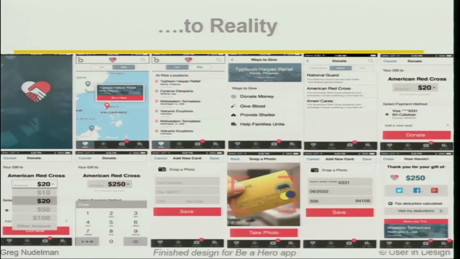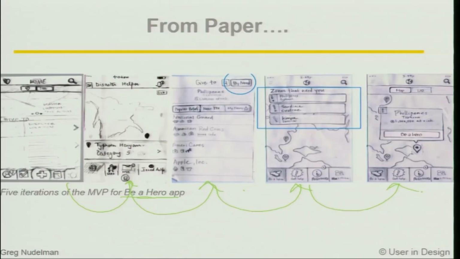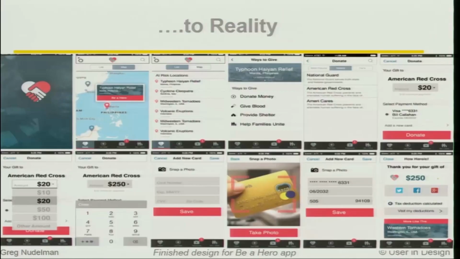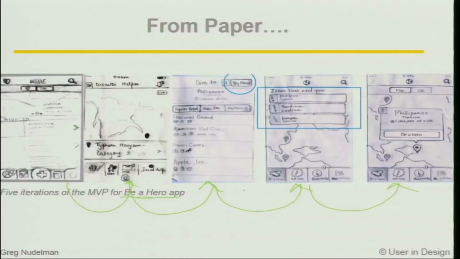And there's various features. This is the entire thing of the different locations in which the different disasters that are happening, the different organizations, how do you pay money, how do you donate, it's showing you with the map, etc., etc. So it is a nice way for you to see how a design moved from an initial to this version, which became fairly close to the real thing.